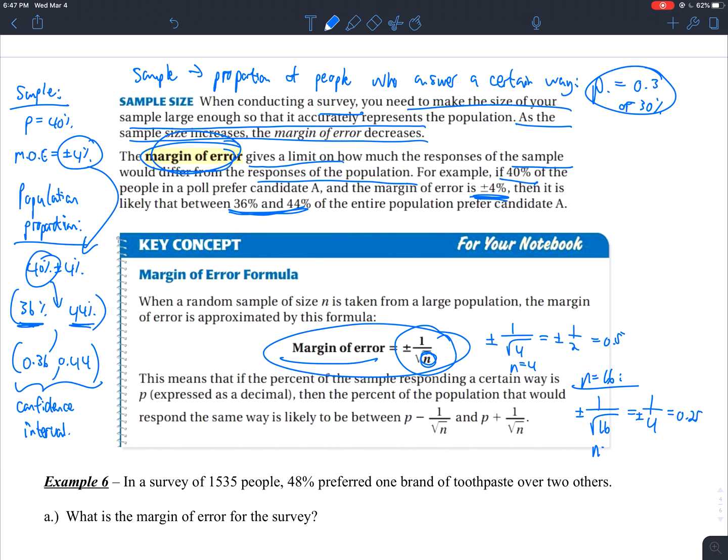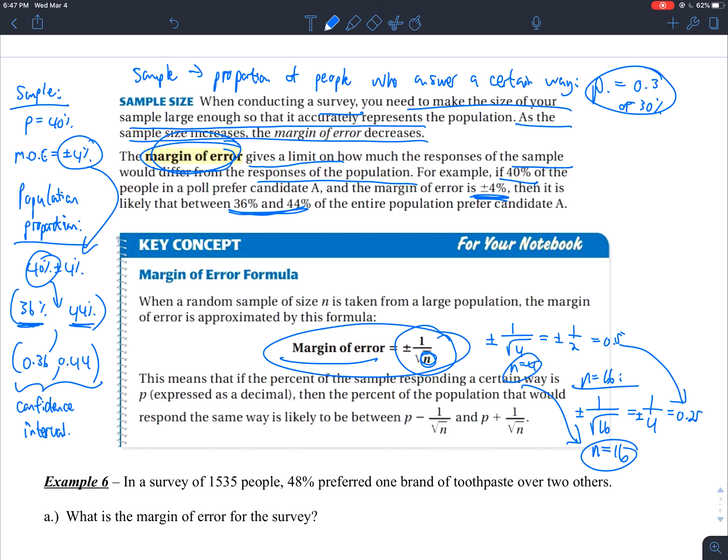In this case, my sample size is 16. So as the sample size gets bigger, the margin of error gets smaller. That's an inverse relationship, which is what we did at the beginning of chapter 5. All right, and so that's what all this says.